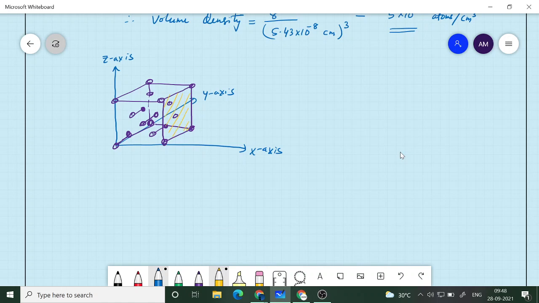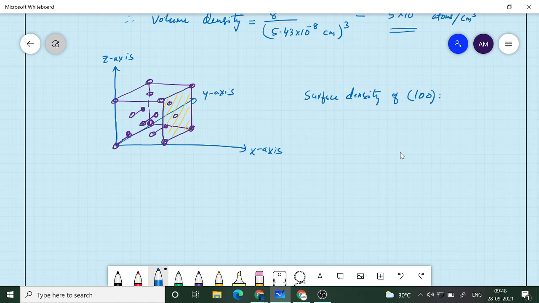So if you find out the surface density, I think we have already done it, of the 100 plane. It is basically the number of atoms. Each atom at the corner is actually only having 1/4.